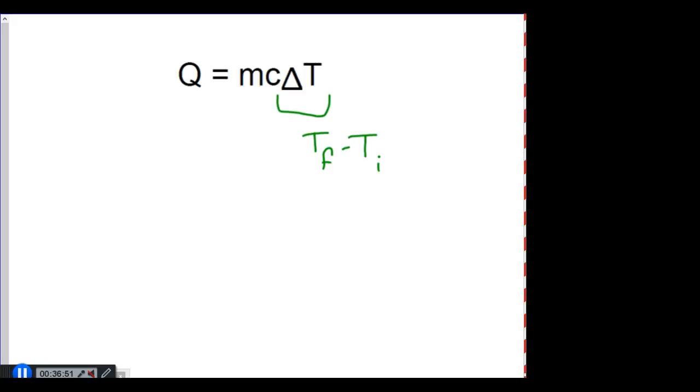Think about this example again. Let's say you put that brass block, which is at 100 degrees Celsius, into water that's at 20 degrees Celsius. You've already said that the water temperature is going to go up. Has heat been added or removed from the water? It's been added. So is that going to be a positive Q or a negative Q?